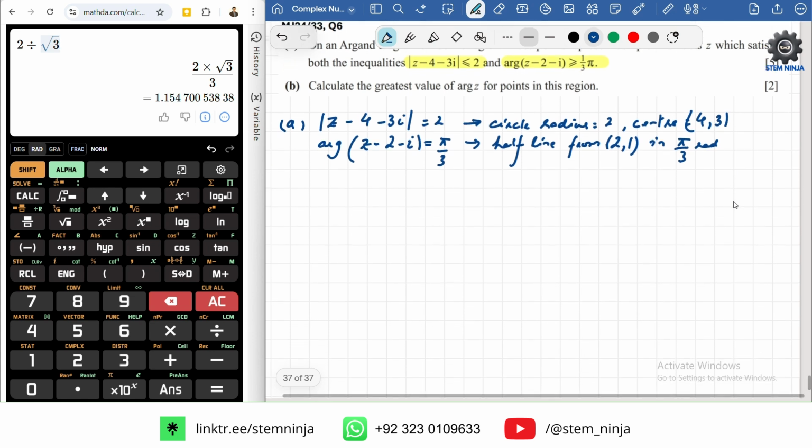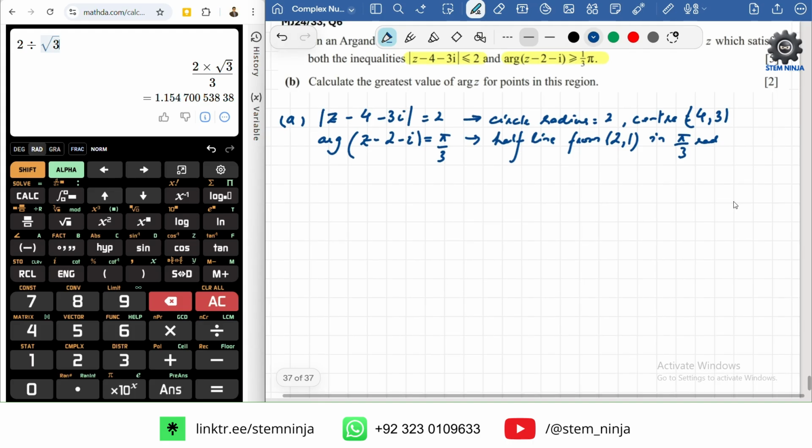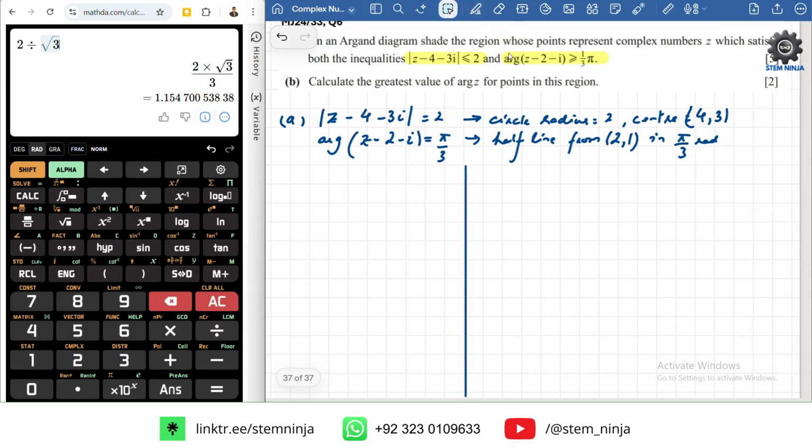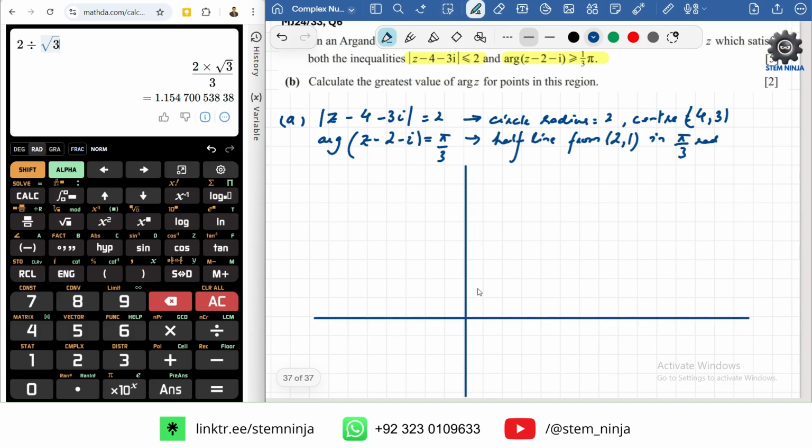So first I'll draw the circle. We have 4, 3, radius 2. So we have to be very, very careful with the scaling. 4, 3 is this. Okay, so that means we can bring it slightly over here. 1, 2, this is your 4.